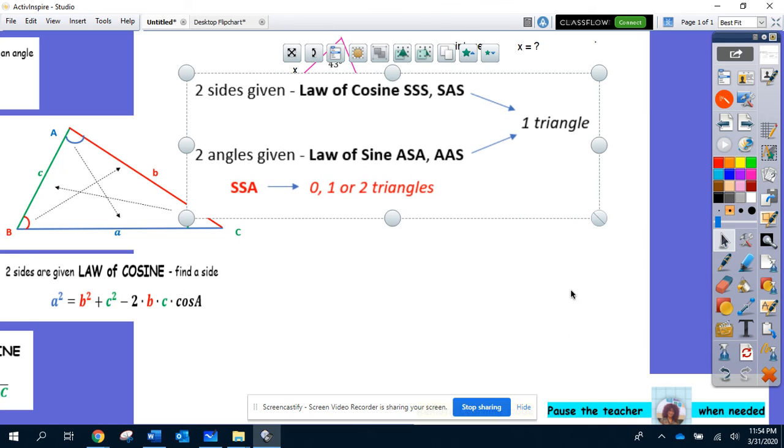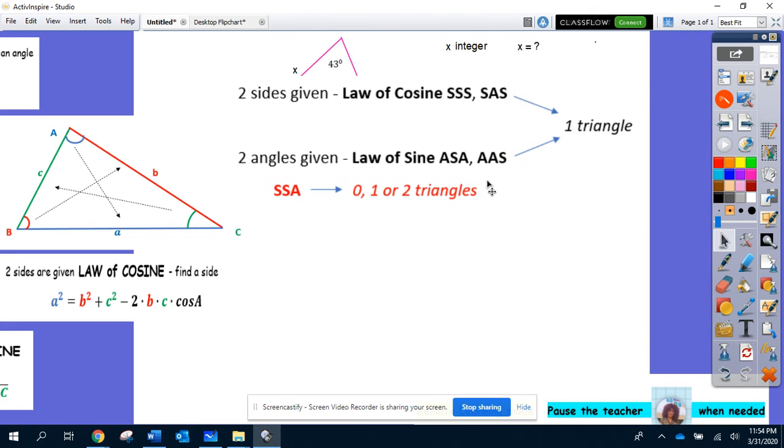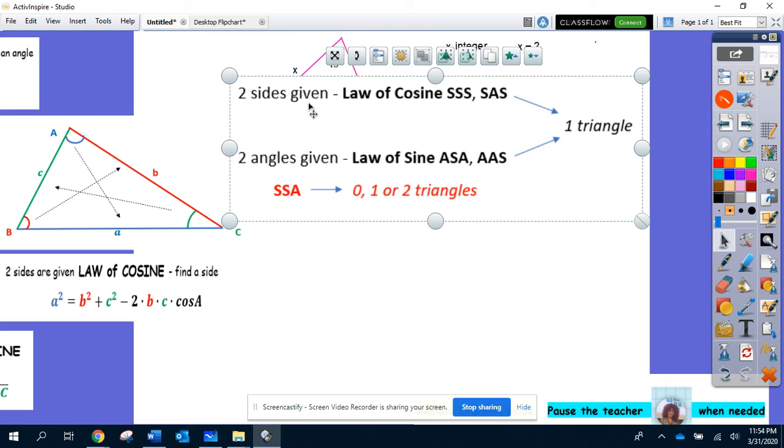So what happened here? When we have the cases side-angle-side, or ASA, these are congruency cases for triangles, so you have one single triangle. But when you have side-side-angle, here you have zero, one, or two triangles.